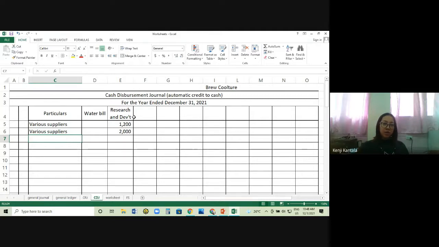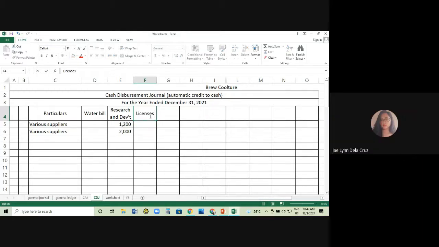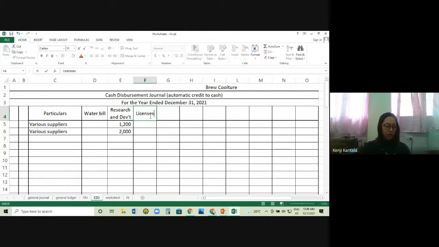Okay, so what are the account titles involved with our registration of business? Ano yung accounts involved dito? So first, we have your licenses. Yes, we have your licenses. And then for BIR, we have taxes.